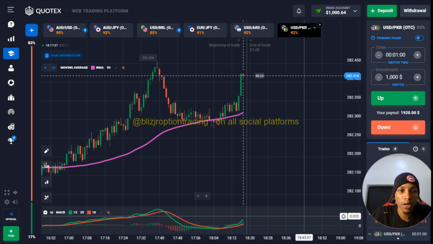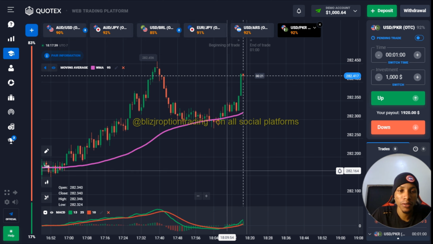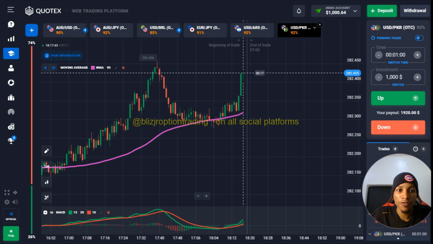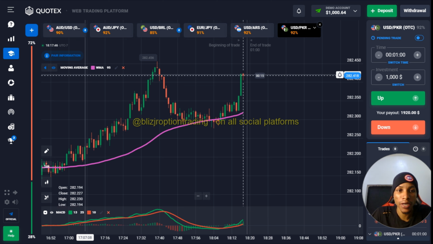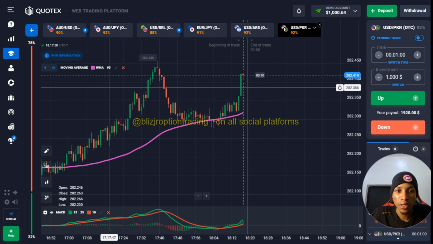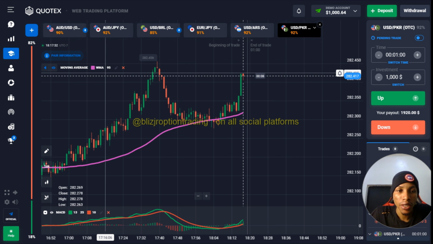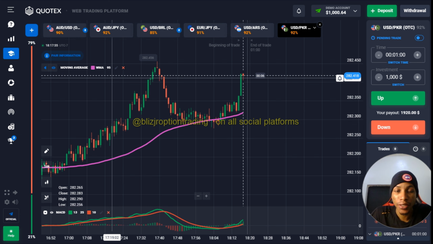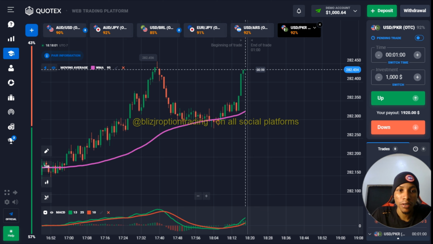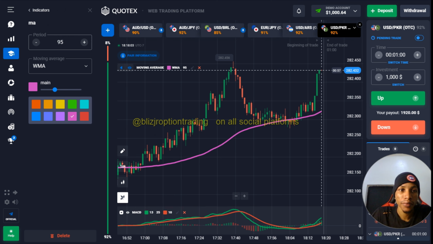And so I'm using the moving average indicator, and on my moving average I set it to WMA, and I increase the period to 95.